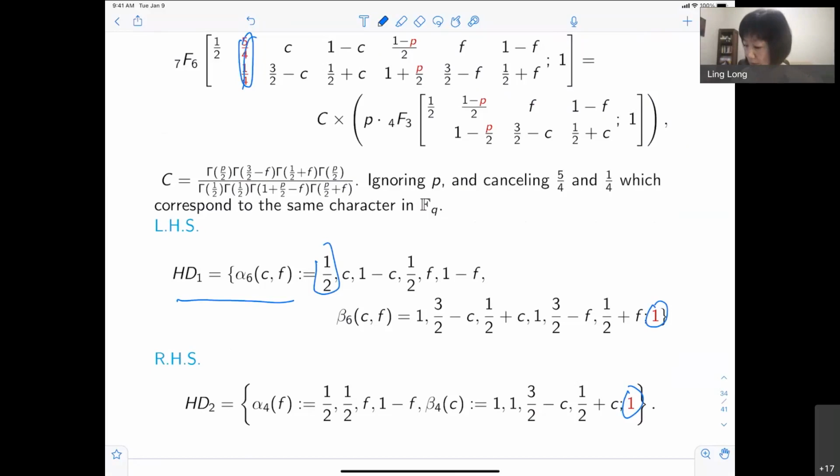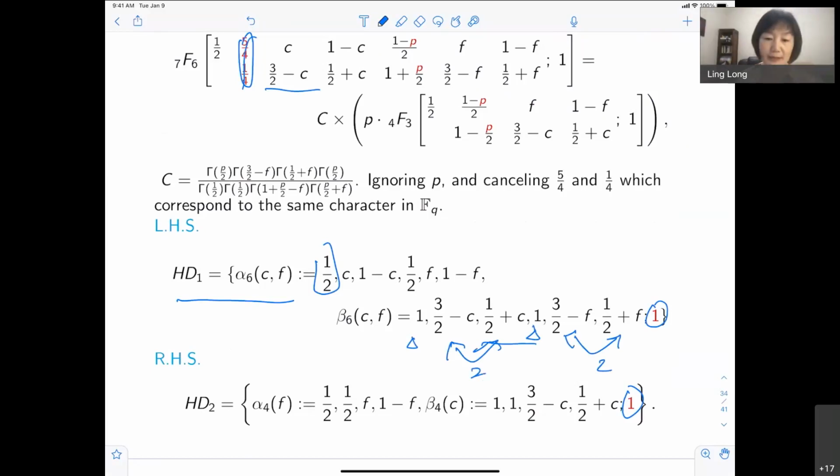And down here, the lower parameters are 1, 3/2 minus c, 1/2 plus c. They do not exactly sum up to 1, but they sum up to an integer, 2, so it's fine. And these two numbers sum up to the integer 2 again, which is fine.